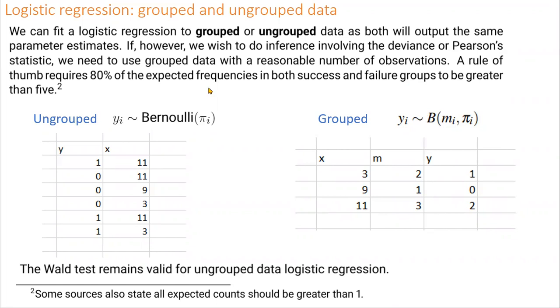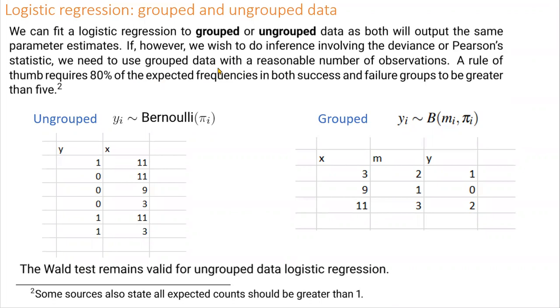Why is that? Because if we want to do inferencing involving deviance or Pearson statistics, here's the condition: we need to use grouped data with a reasonable number of observations in each group. And here is a rule of thumb. Why do we need to do that?